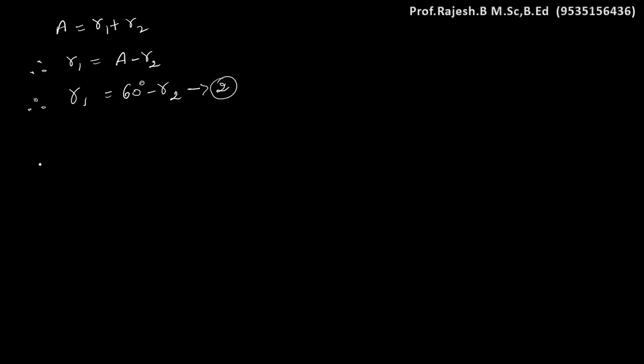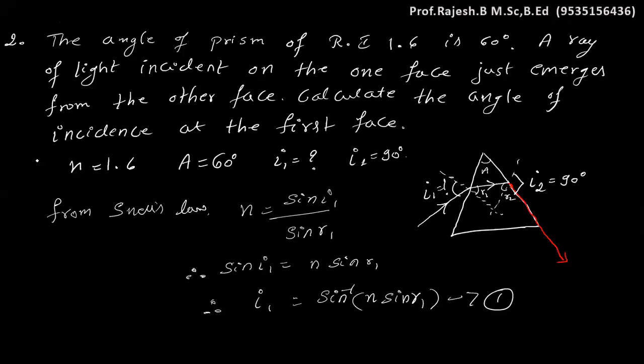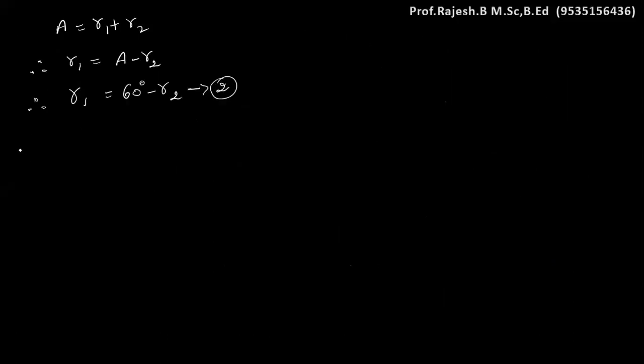If I want to find the r2, observe, the r2 and i2 come for the second face, right? So apply Snell's law for the second face. n is equal to sine i2 divided by sine r2.